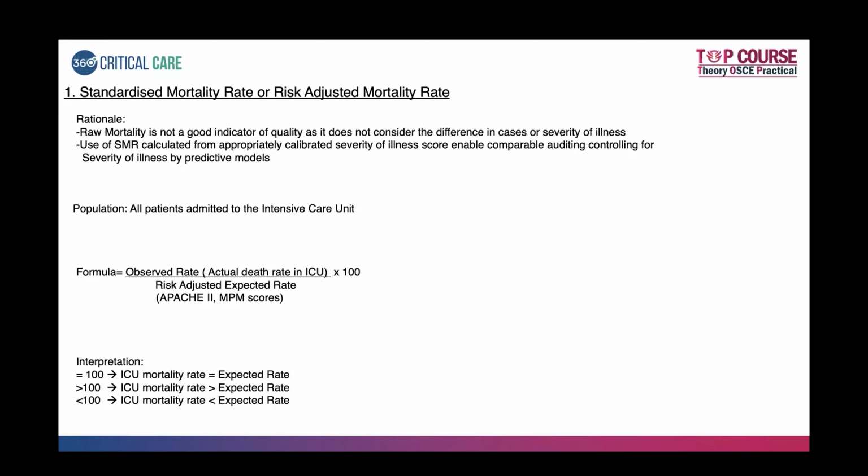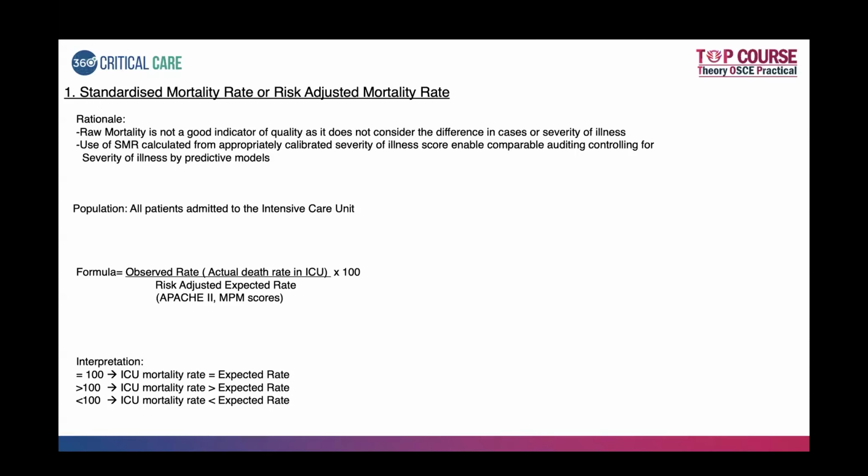That would be the observed rate of actual deaths. For the risk adjusted expected rate, if you are using an APACHE II score, for all the patients admitted in the ICU you calculate the APACHE II score and then take an average of that. That would give you your denominator.